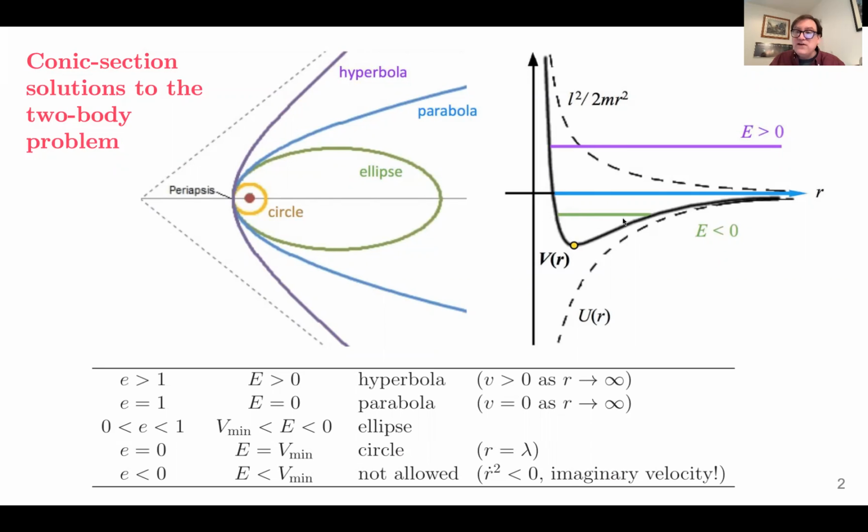All the other values of energy have these horizontal lines where you can stay at the same energy at different values of r, but that's not true for the circular orbit. There's only one value of r, and one value of r means circle. And of course, you can plug it into the solution to the differential equation, and that would show us that r is equal to lambda, the radius of curvature, is the actual radius for a circle.